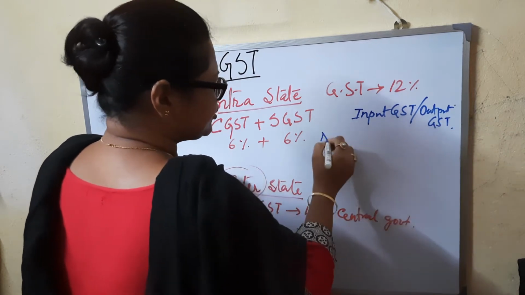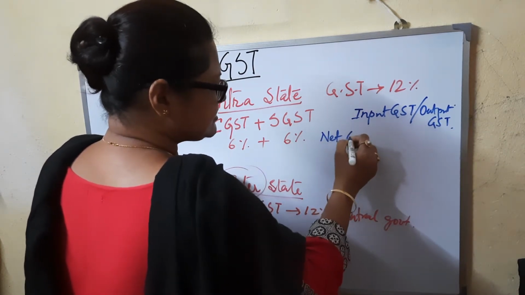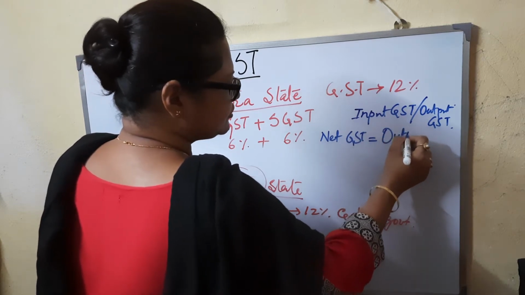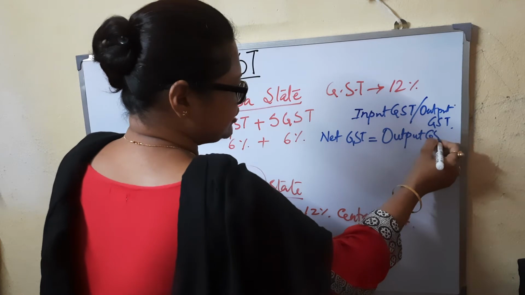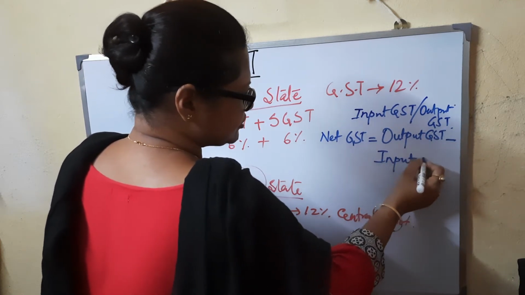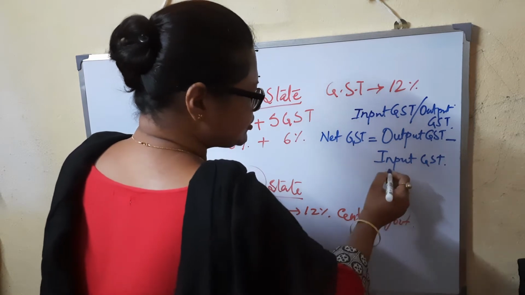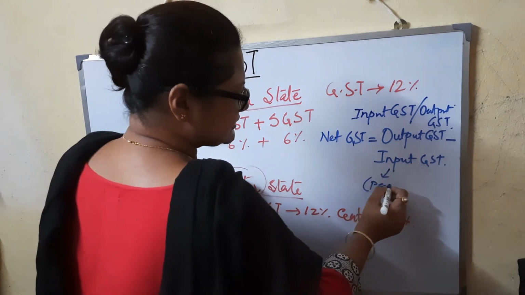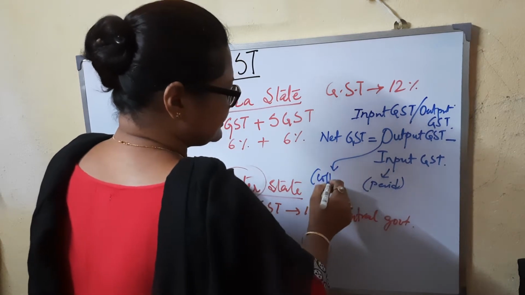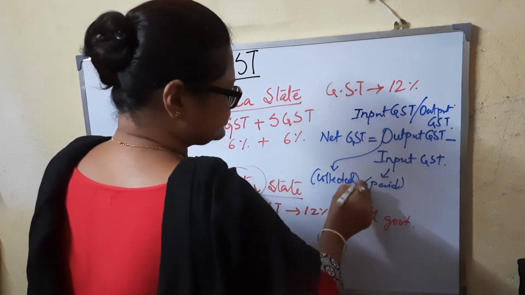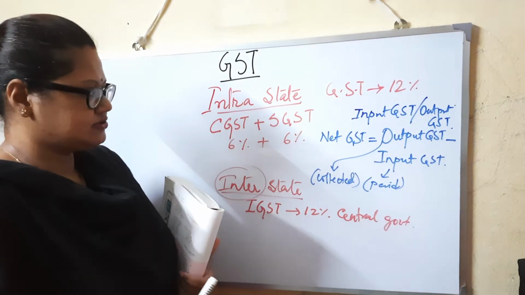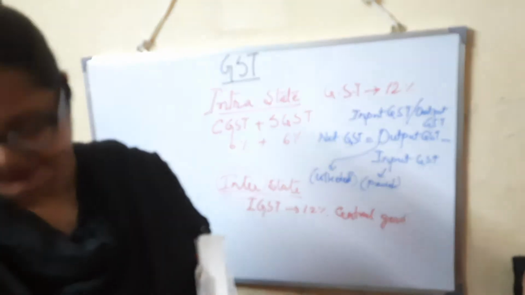That means the net GST which is collected from the dealers is actually output GST minus input GST. So input GST is the amount which they have paid, and output GST is the amount which they have collected. Okay? So with this, let's begin with the exercise.